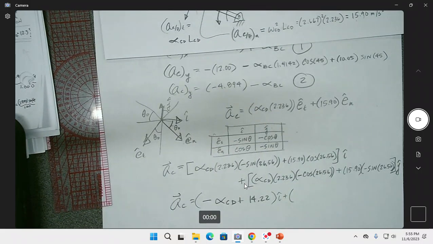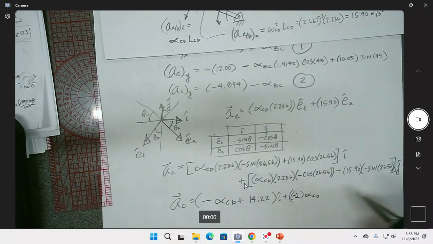Plus, I'll do this again. Let's see what happens. 26.56 cosine times 2.236 comes out to 2. Isn't that boring? So you get a nice 2, and it's a negative 2. Don't forget the negative there.